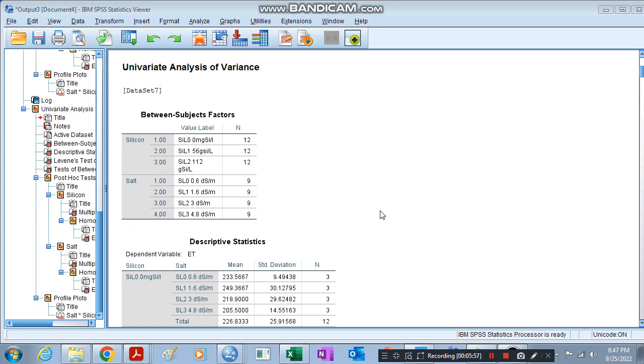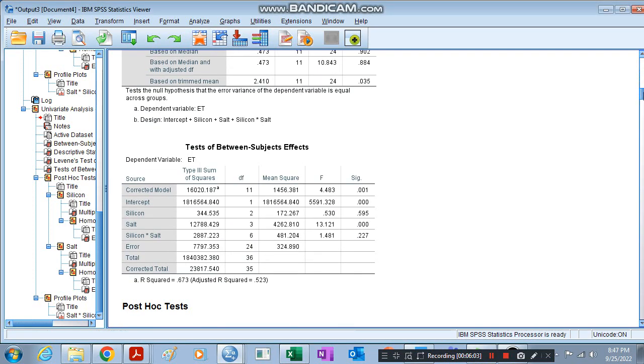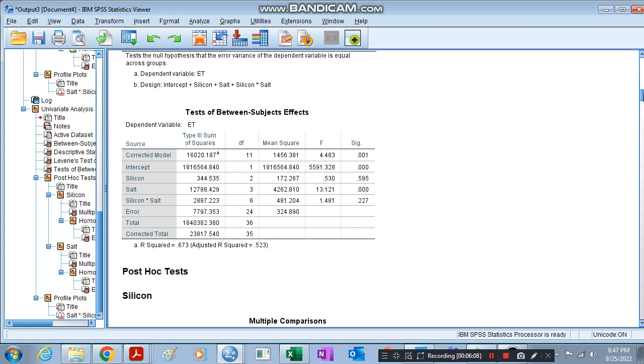Then we go to our output page. After analysis, we directly go to Tests of Between-Subjects Effects. Then we can see our two factors here. Silicon, for example, has no significant effect on our dependent variable, evapotranspiration.